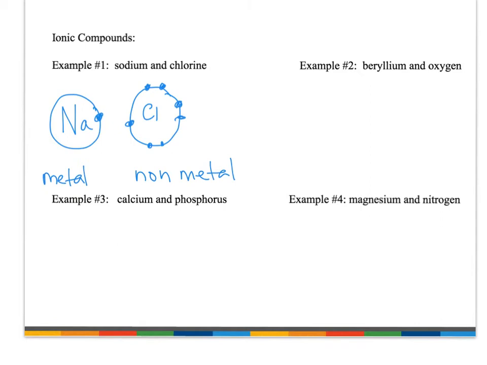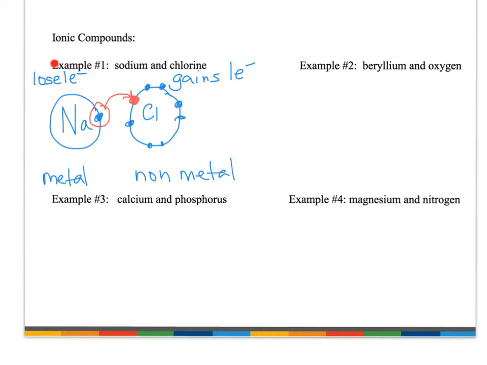Is it easier for chlorine to give up all 7 to sodium in order to make it have a full valence shell, or is it easier to move just 1 electron from sodium so that chlorine has a full valence shell? Hopefully you say that it's easier to move 1 electron than 7. So sodium is going to give up its electron to chlorine so that chlorine has its full valence shell.